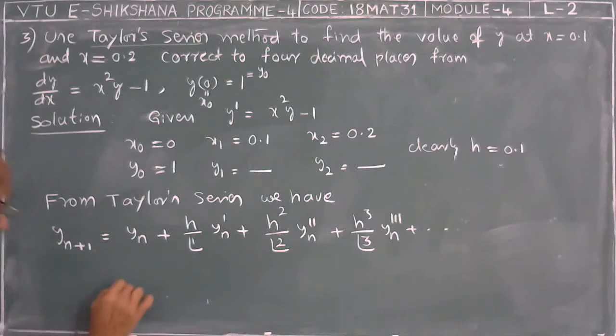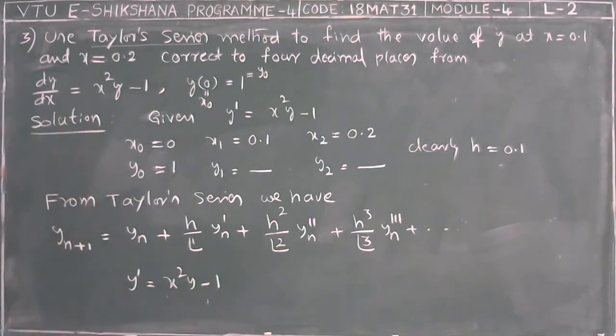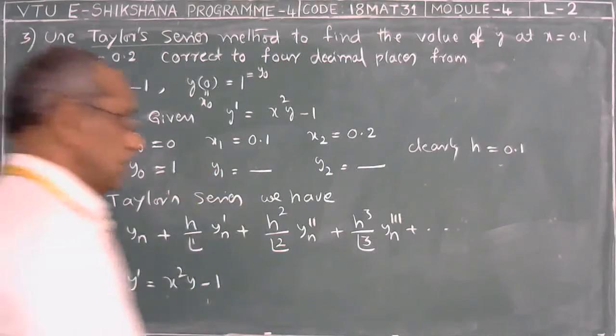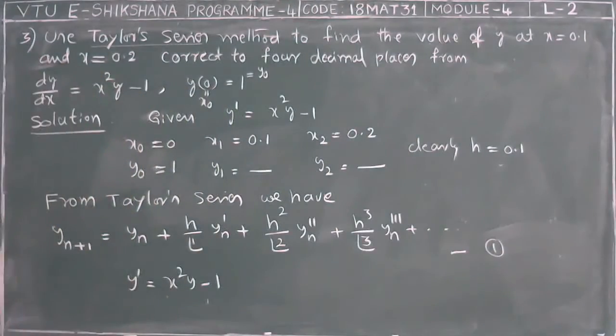So given y dash is x square y minus 1. Let me put n is equal to 0 to find y1, n is equal to 1 to find y2.